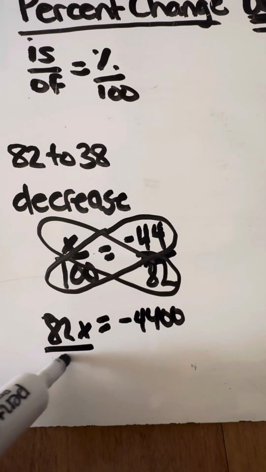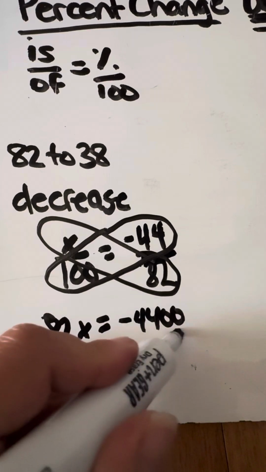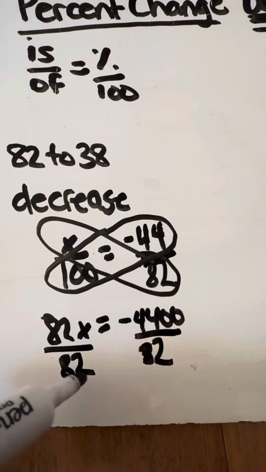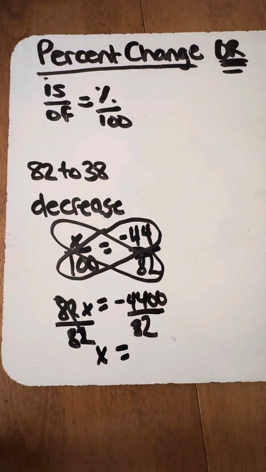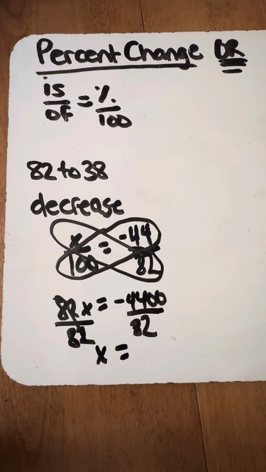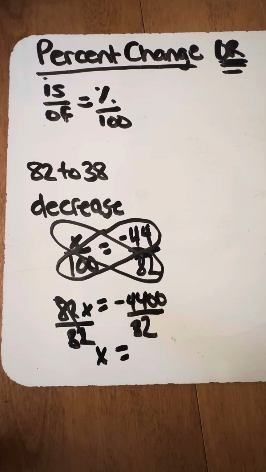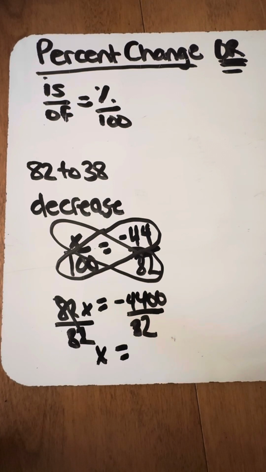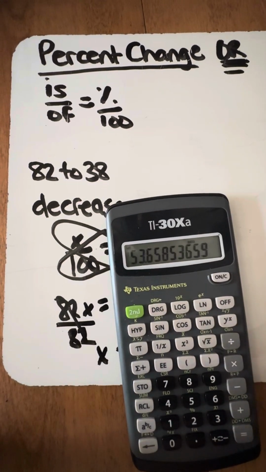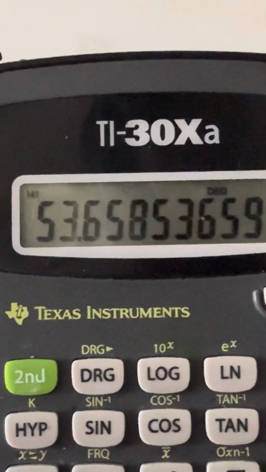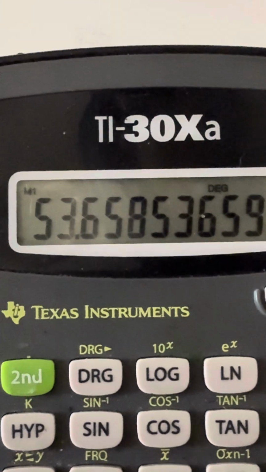And the last step is going to be divide. As long as you know that this is a decrease, it doesn't make a difference. Then you've got x is equal to 4,400 divided by 82, and we're rounding to the nearest tenth. Divided by 82, and you get 53.65.